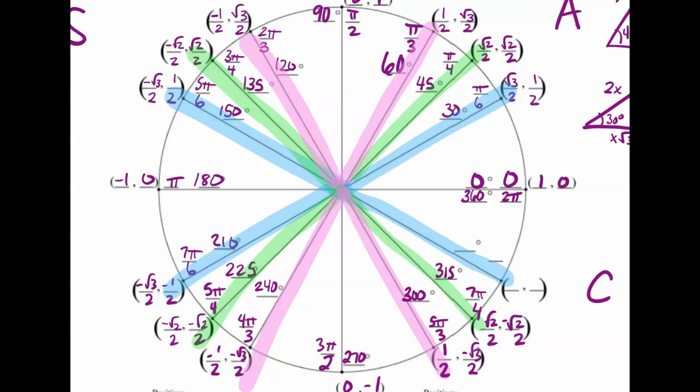Then 3 pi over 6, same thing as pi over 2. 4 pi over 6, same thing as 2 pi over 3. 5 pi over 6, I reach a reference angle of 30. 6 pi over 6, pi. 7 pi over 6, blue, highlighted, a reference angle of 30. 8 pi over 6, same thing as 4 pi over 3. 9 pi over 6, that's just 3 pi over 2. 10 pi over 6, same thing as the 60 here, 5 pi over 3. And then I end up with 11 pi over 6.